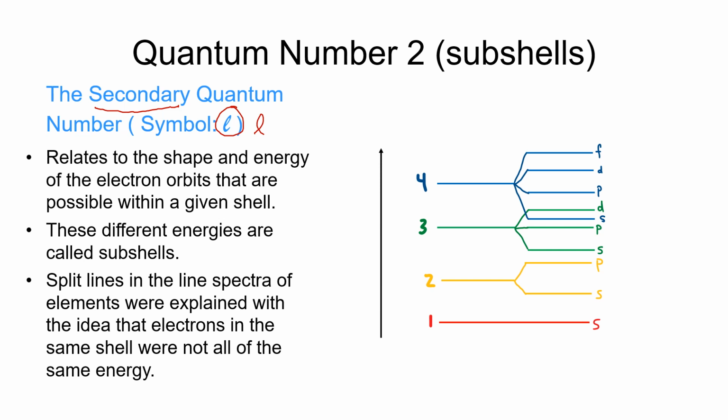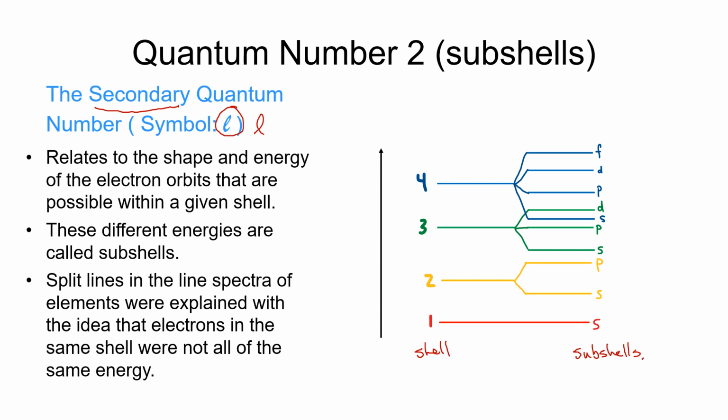And as we discussed with our quantum introduction, different energies means different wave patterns and different probabilities of finding electrons in different places. And so each shell on the quantum model will have different subshells that are possible within it.